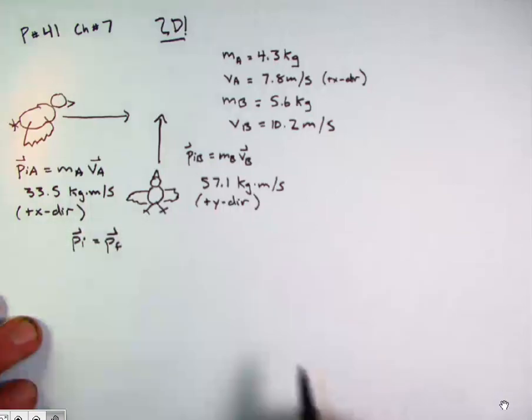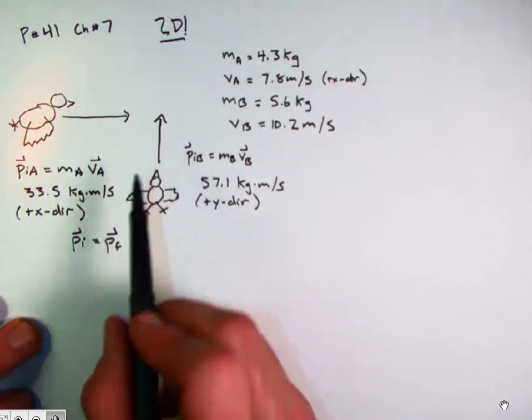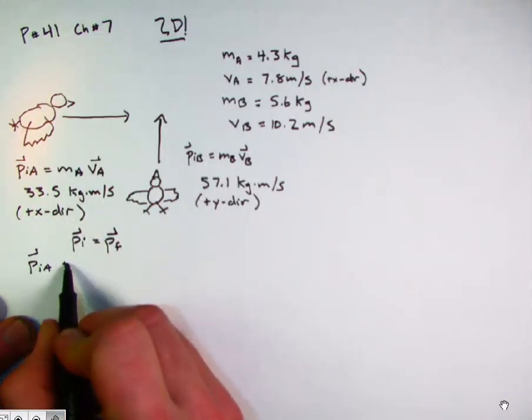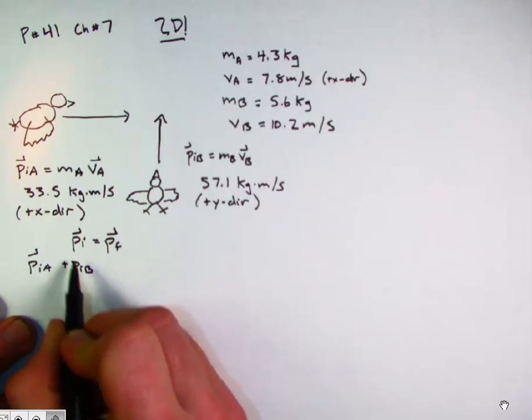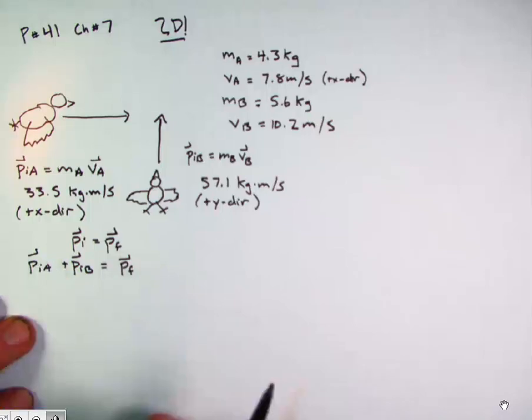All right, so if I add these two together, I should get the initial momentum of the system. So P_iA plus P_iB would be the initial momentum of the system, and that should equal the final momentum of the system.